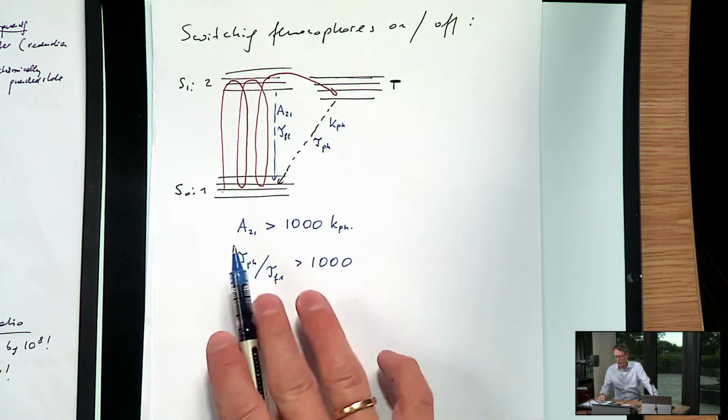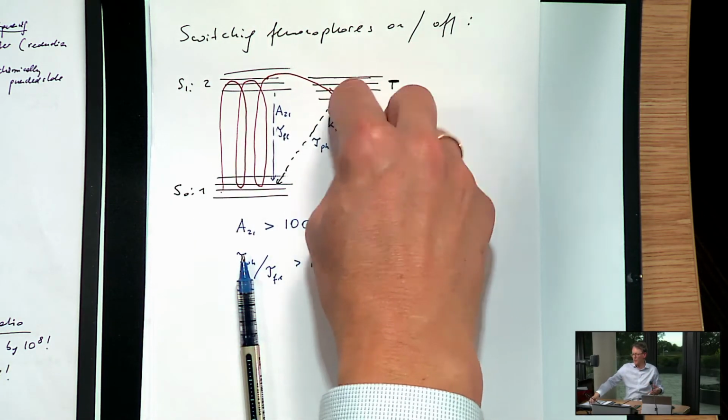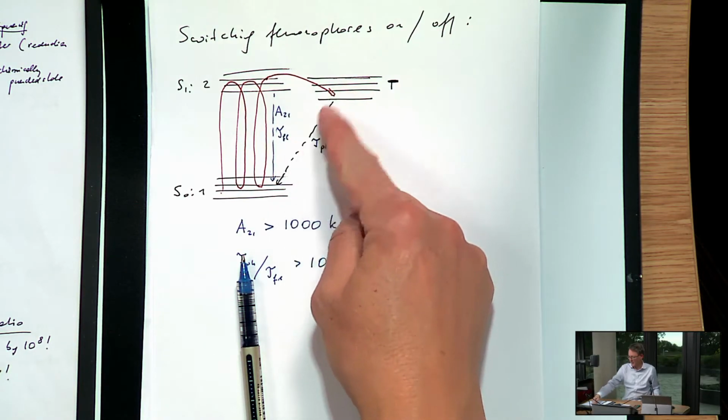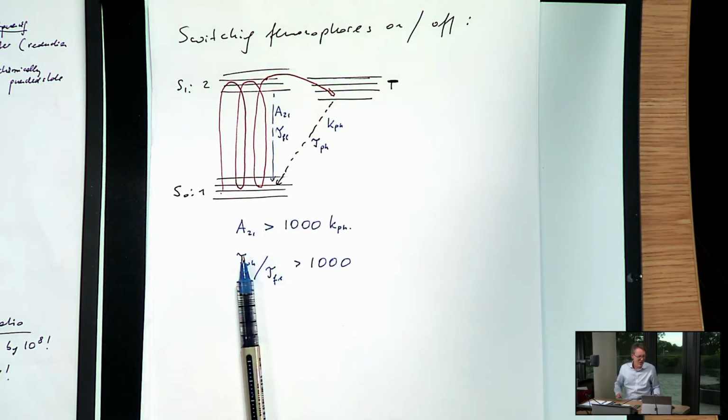So in fact, all we could do is flood the sample with light for a long time until most of the molecules end up over there, and then we automatically switched about 999 molecules off because they're dark in this T state, and it trickles back only very slowly. So we have an on-off ratio now of about 1 to 1,000.